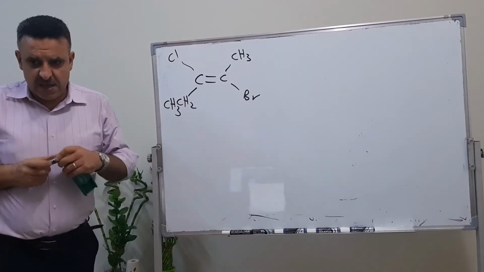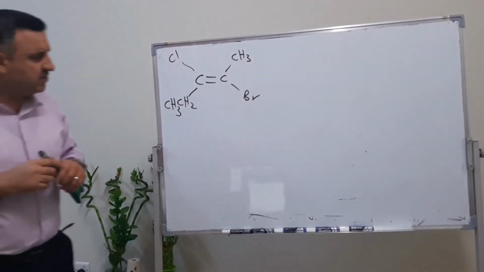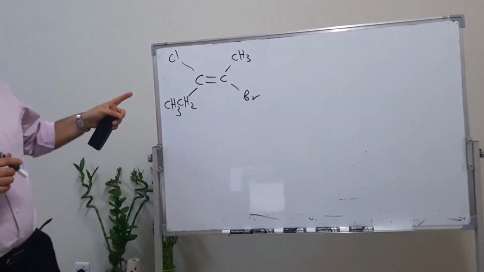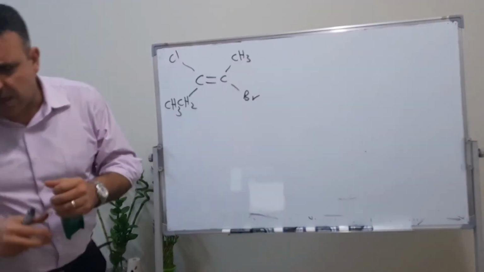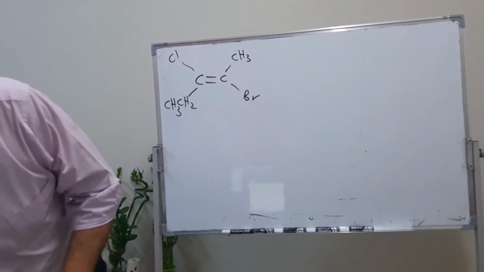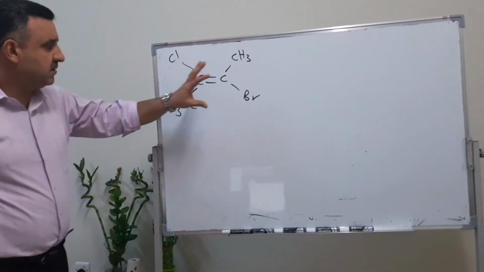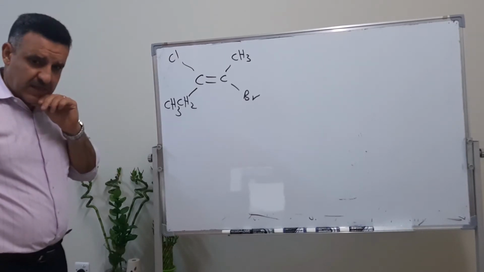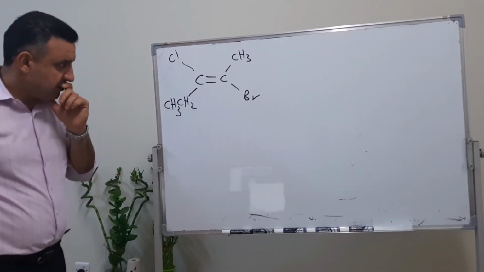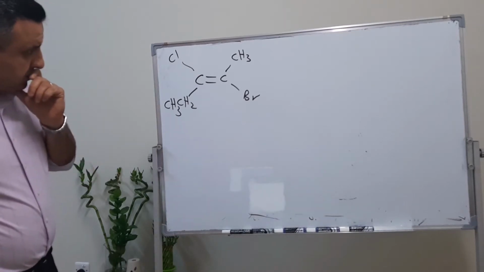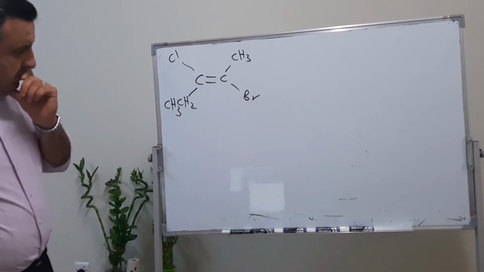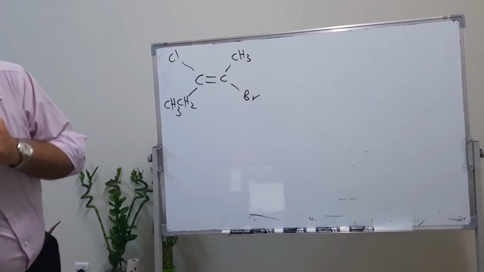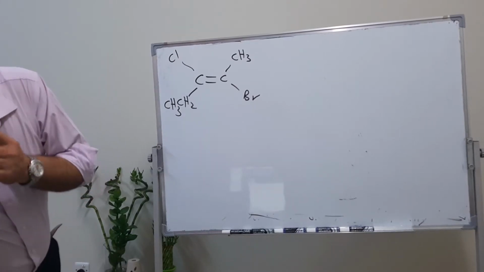You follow me? Now, first of all, what do we call this compound? If we want to apply the IUPAC nomenclature here, what would be the name of this compound? What should it be? Anyone?